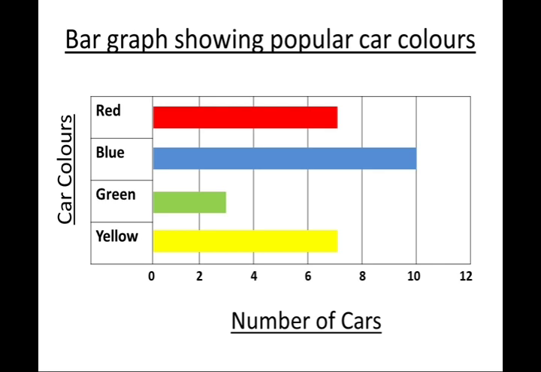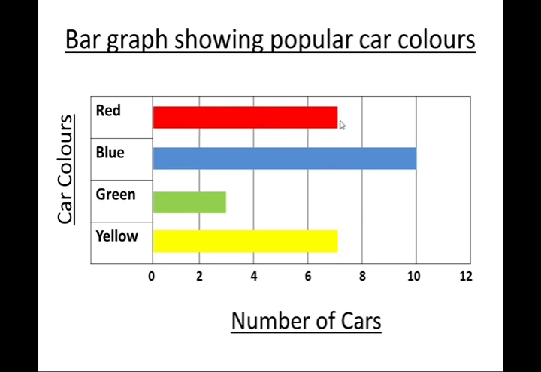And to read a graph that is drawn in a horizontal manner is the same. If you look at the markings, your starting point of your graph is always the 0. And we're moving across the scale in a left to right manner.